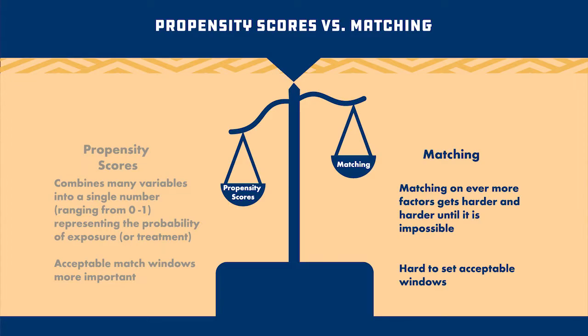When you're matching with propensity scores, you have to define an acceptable window, right? Someone with a propensity score of 12% to get a statin, am I going to allow them to be matched to someone who has a score of 10% or 14% or 5%, right? What is my acceptable window? And there's some conventional statistics around what an acceptable window could be that's beyond the scope of this course, but you do have to think about it a little bit.